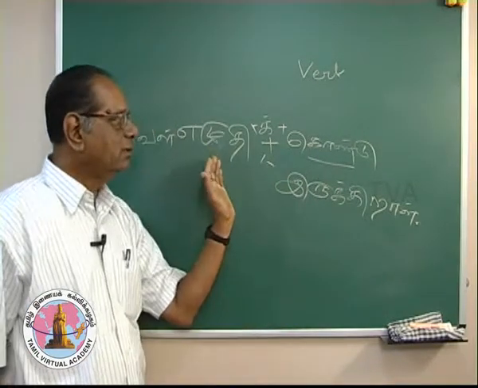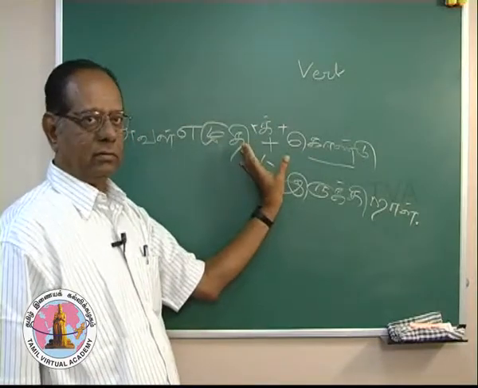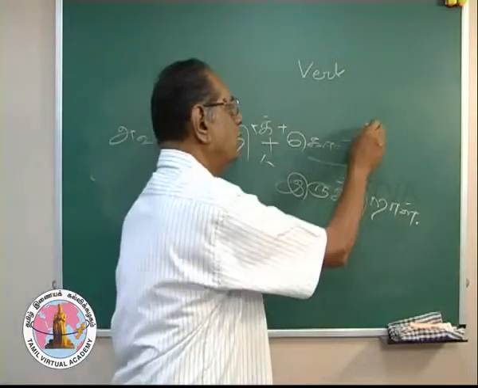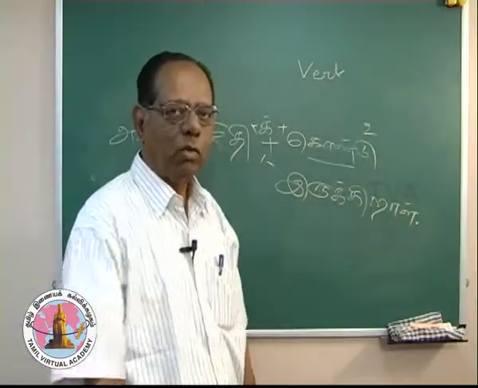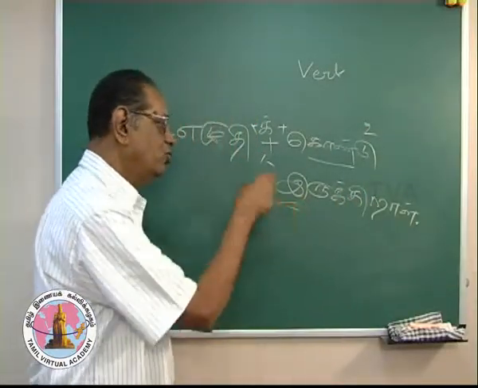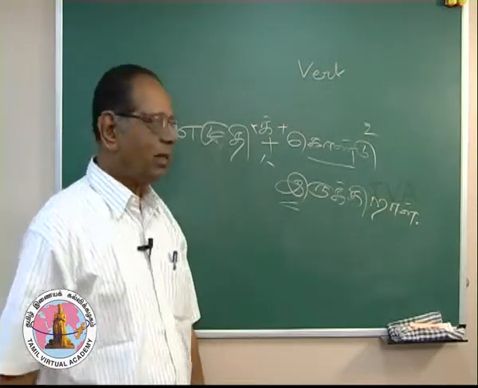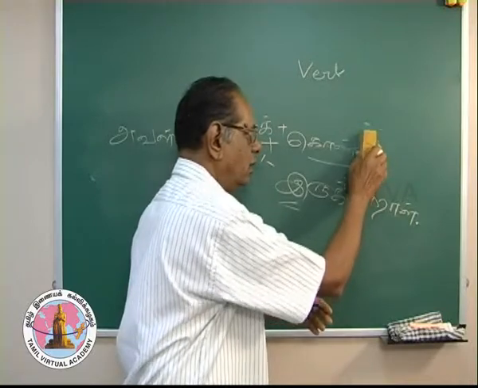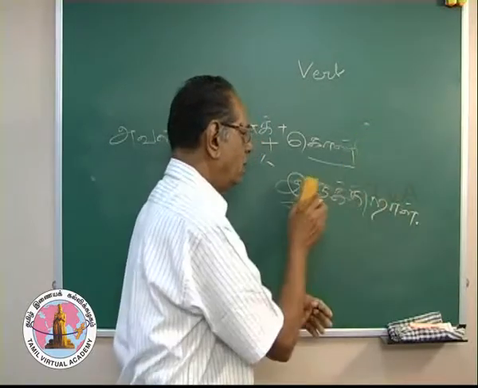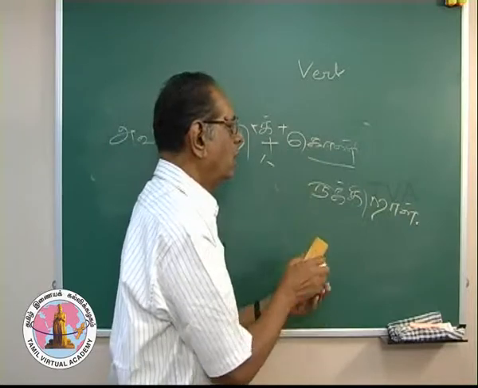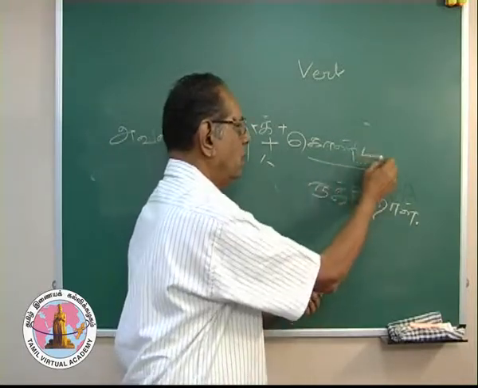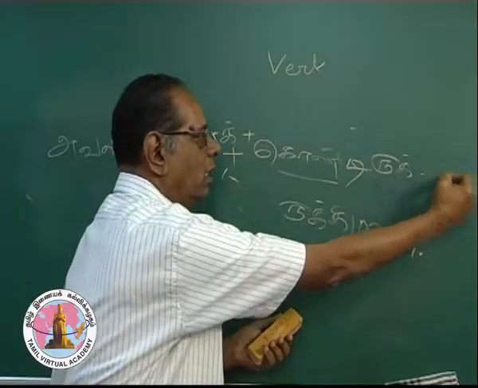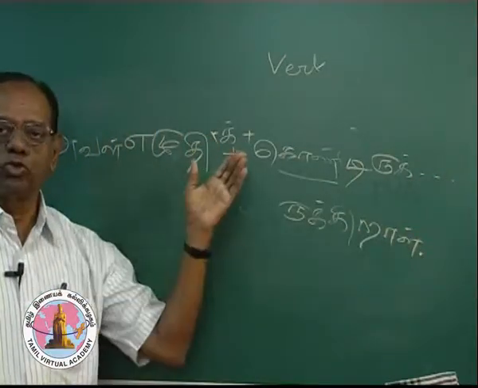Now, this word எழுதிக் கொண்டு ends with U, a short U, a vowel, and this begins with E, another vowel. So, this is written this way also.